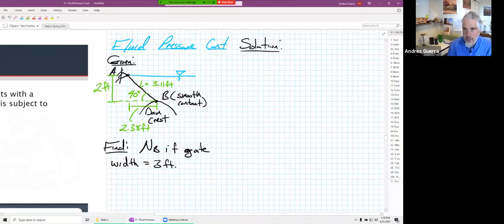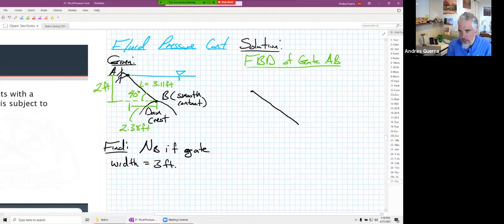And the first thing that we want to do is an FBD of gate A to B, because that's going to have all of our reaction forces and all of our fluid pressure as well. So let's draw our A to B here. So there's our A to B. We'll draw it a little bit bigger.